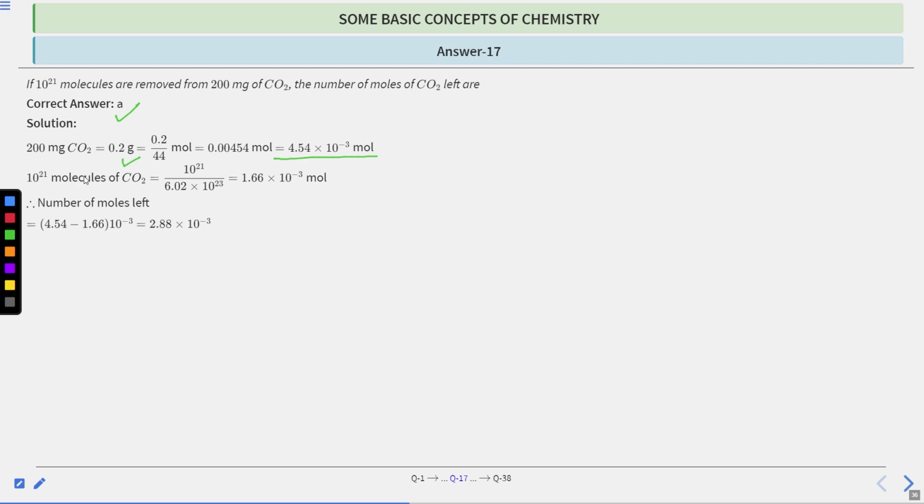So 10 to the power 21 molecules of CO2 will contain 10 to the power 21 divided by 6.02 into 10 to the power 23, which is coming out as 1.66 into 10 to the power minus 3 mole. So the number of moles left will be 4.54 minus 1.66 into 10 to the power minus 3, that is 2.88 into 10 to the power minus 3. So option A will be the correct option.